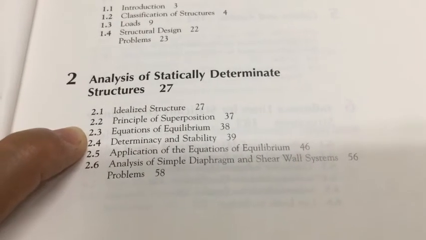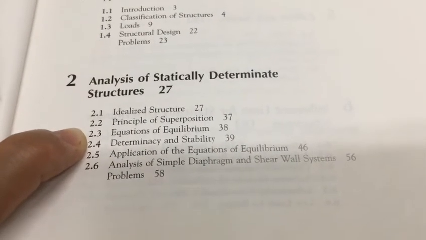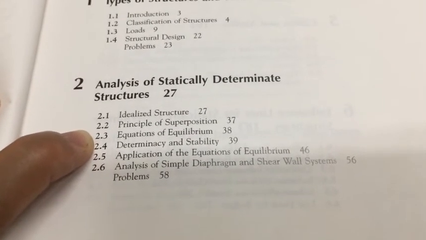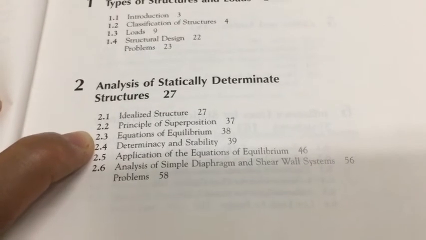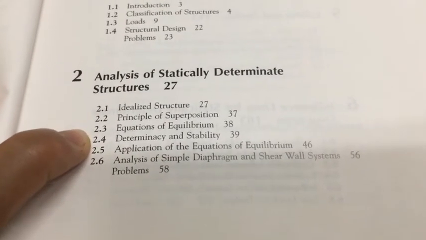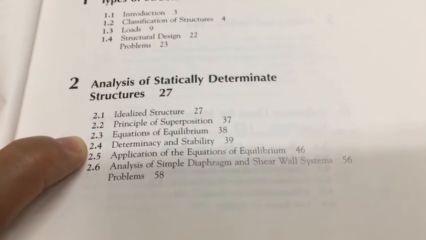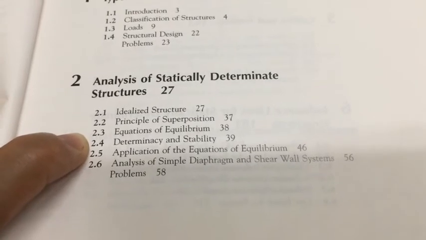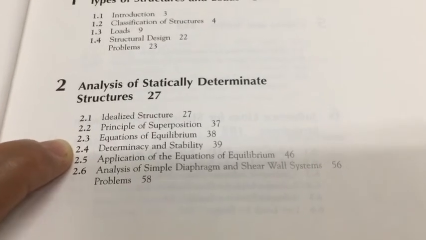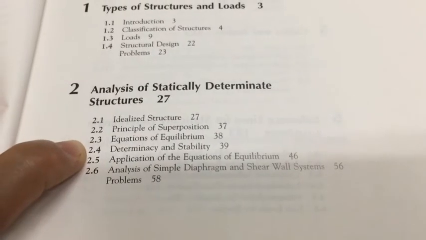In the opposite case, if the structure has a lot of supports, as you may recall back to chapter 4 of mechanics of material, you cannot only use the equation of equilibrium to analyze the structure. That means you have to add the compatibility condition to assist the equation of equilibrium to analyze the structure. So to separate the structure into statically determinate and statically indeterminate, we have to check the determinacy of the structure.